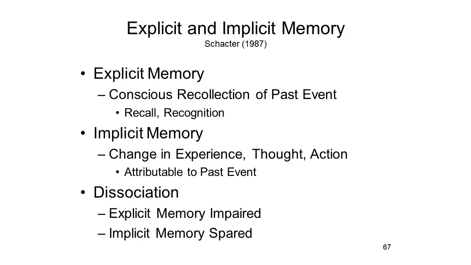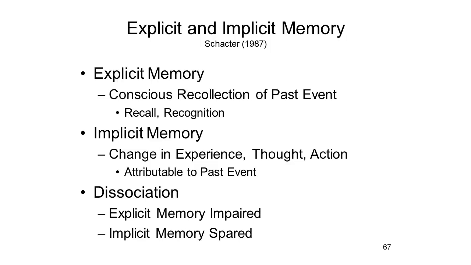But it turns out that memories can also affect us unconsciously, outside of our awareness. Modern cognitive psychology draws a distinction between two expressions of episodic memory, explicit and implicit. Explicit memory refers to conscious recollection of some past event, as exemplified by performance on things like recall and recognition tests.